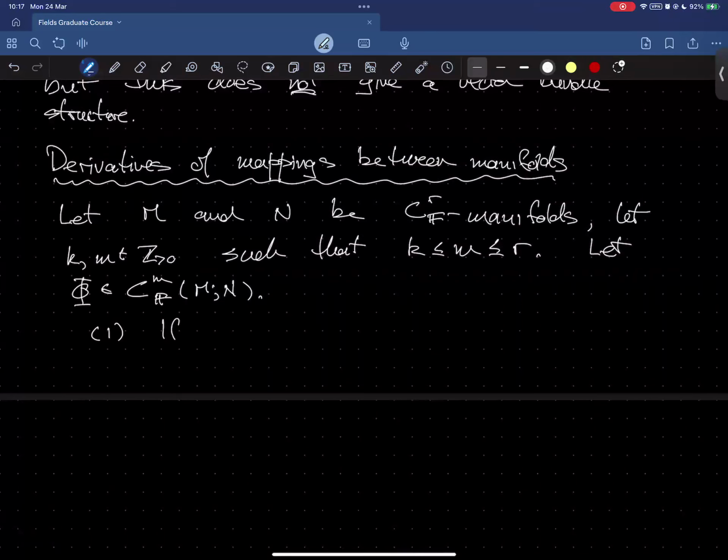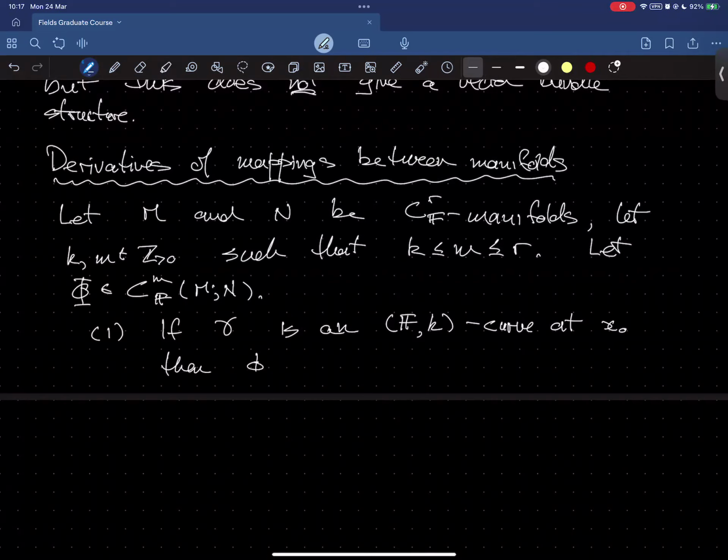The first thing is that if gamma is an F^K curve at x naught, then phi composed with gamma is an F^K curve at phi of x naught.